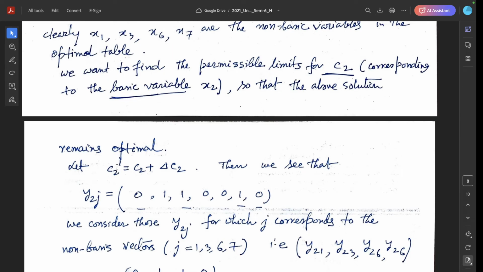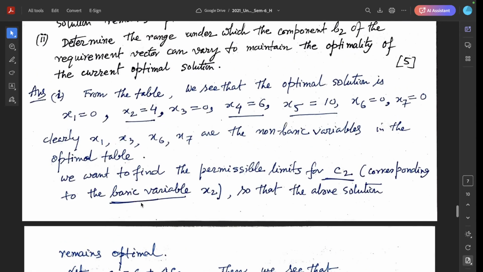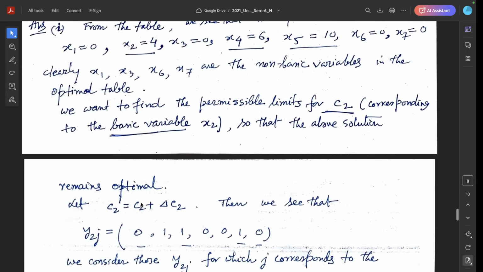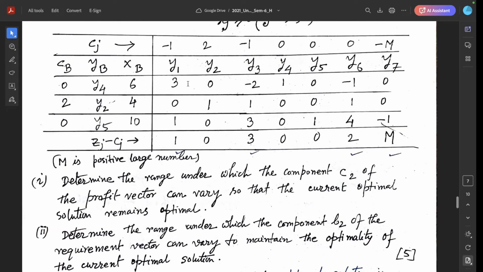Let C2 dash, the new value of C2, equal C2 plus delta C2, where delta C2 is a very small change in C2 so that the above solution remains optimal. Now y2j is 0, 1, 1, 0, 0, 1, 0.